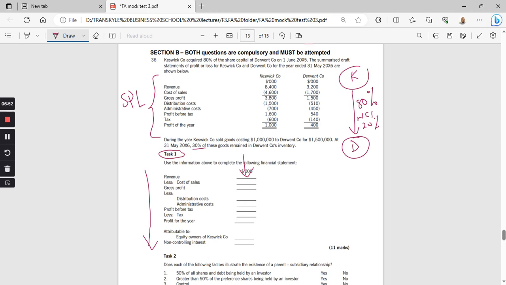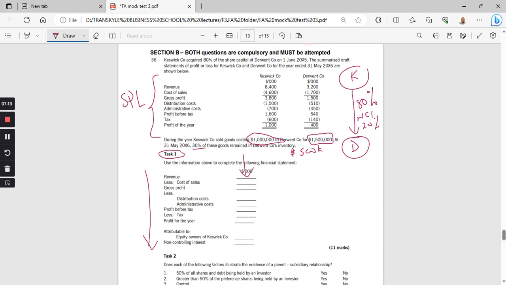So we then have to ask ourselves, what profit was made when these goods were sold? Remember, they were costing 1 million, but they were sold for 1.5 million. So the profit that was made there was 500,000.